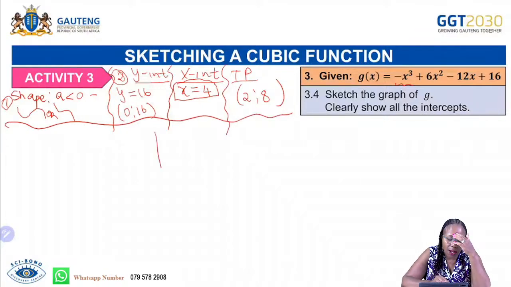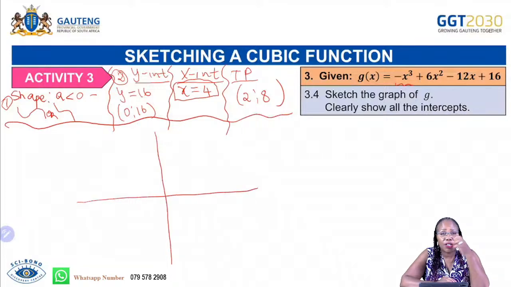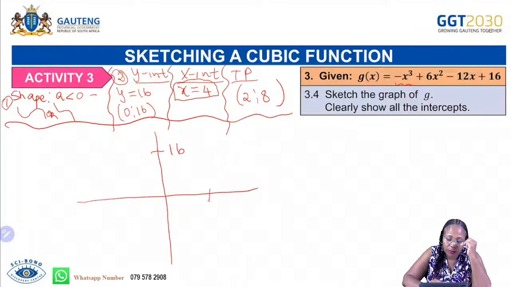Let's see now how we sketch this function, graders. The y-intercept is positive 16. The x-intercept is 4. The turning point is at (2; 8).